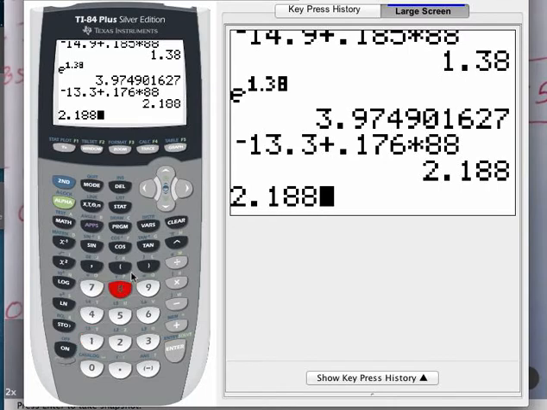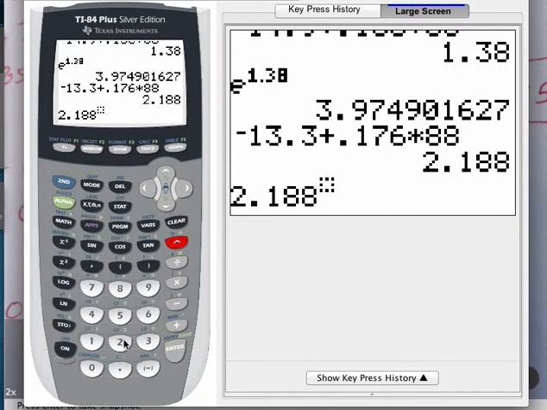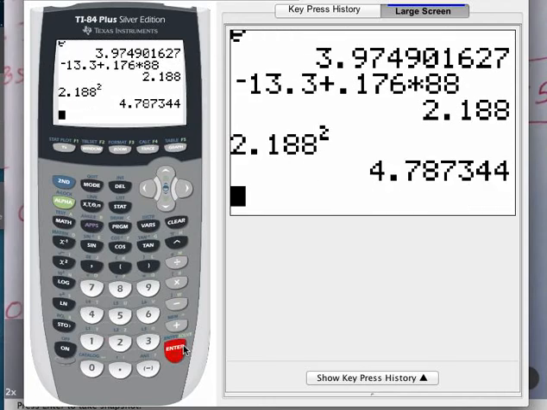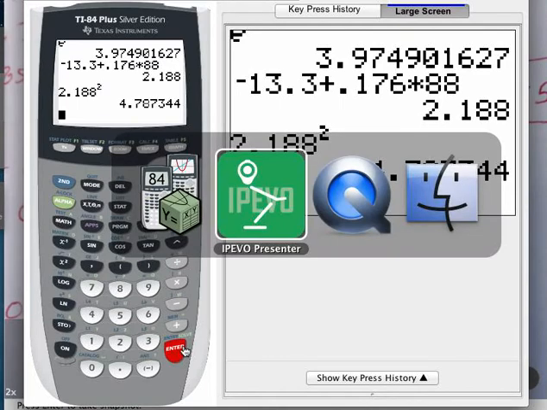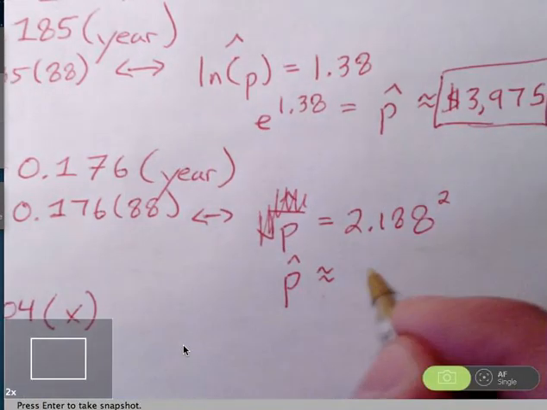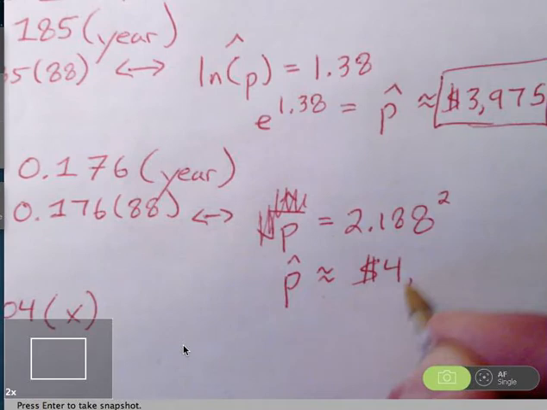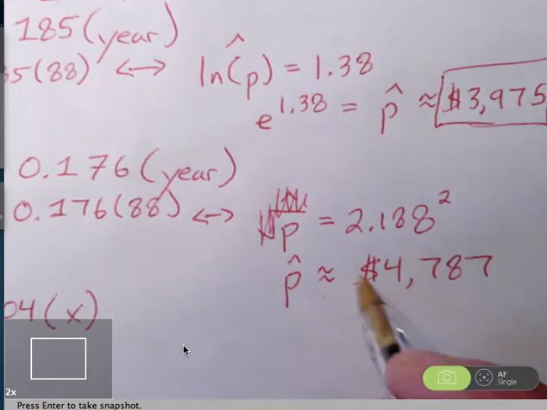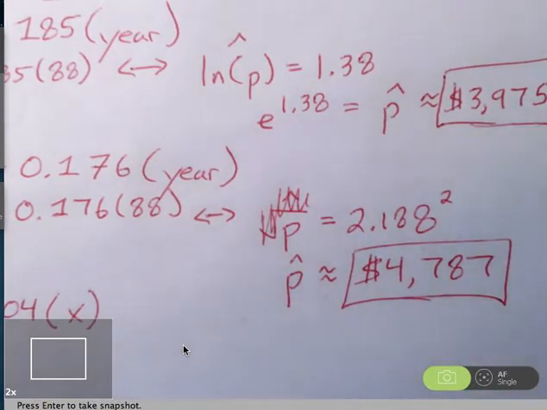That gives me, let's call it $4,787. So, shouldn't be surprised, based on different models, I get 3 different suggestions as to what my estimated price for this used car should be.